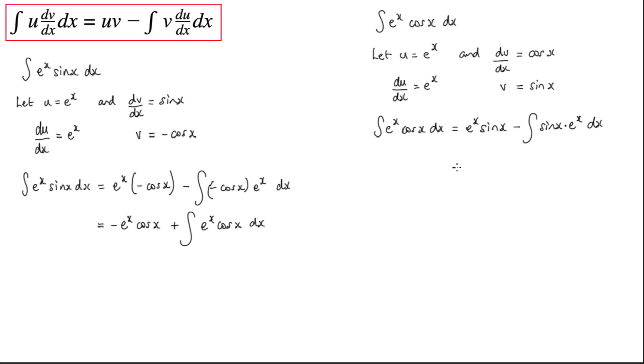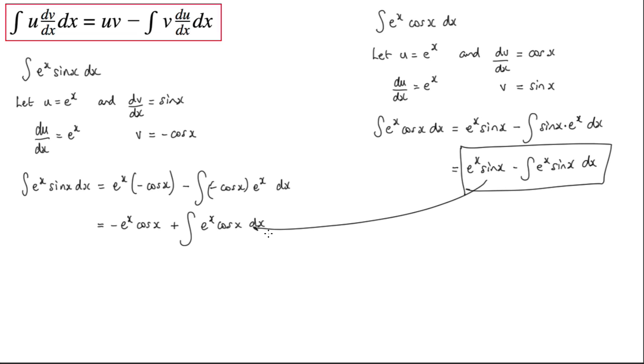Okay, let's just rearrange this a little bit. So we've got the integral of e to the x cos x equals e to the x sine x minus the integral of e to the x sine x dx. So now we can pop this back in for this over here.